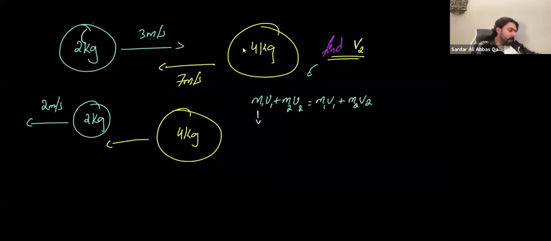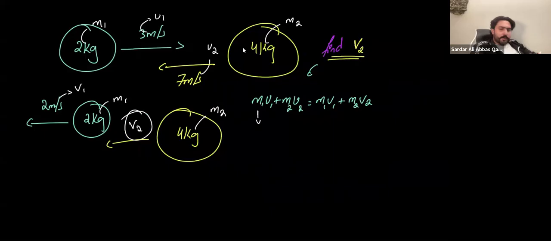We're going to assume that this is M1, this is M2, this is U1, this is U2, this is again M1, this is again M2, this is V1, and this is V2, what we are trying to find, the velocity of the second object. So M1 is going to be 2, U1 is going to be positive 3 plus 4 into negative 7.